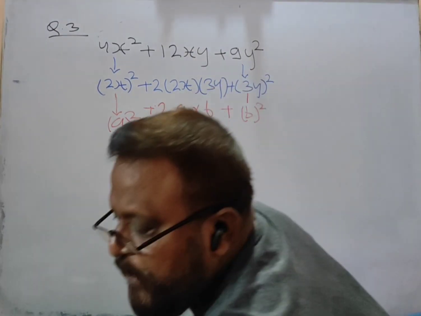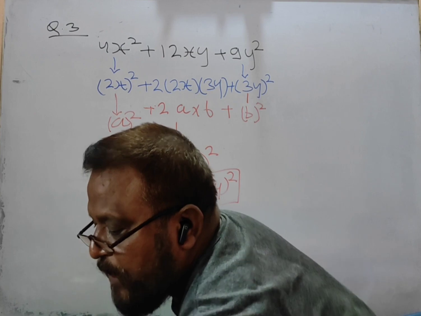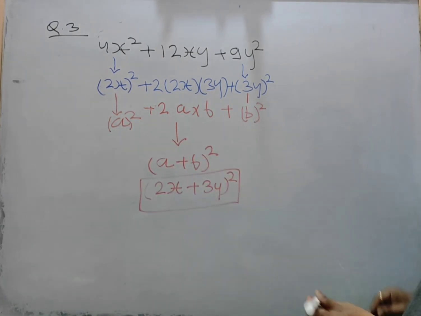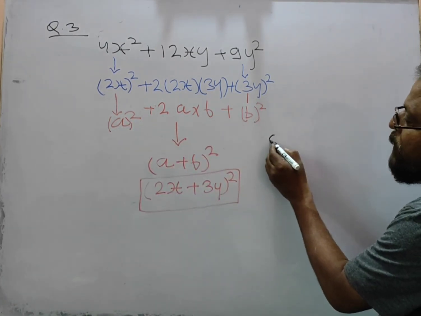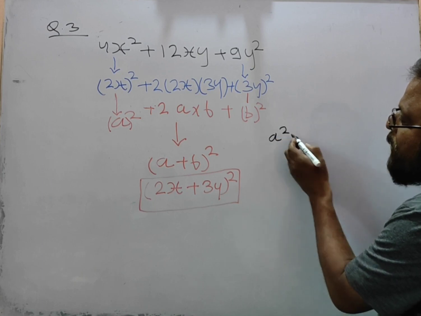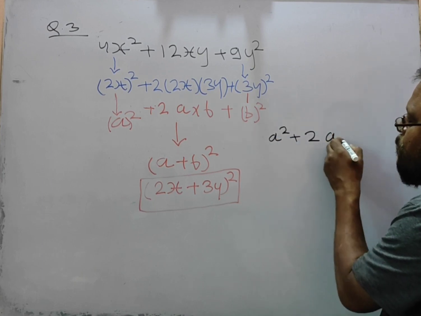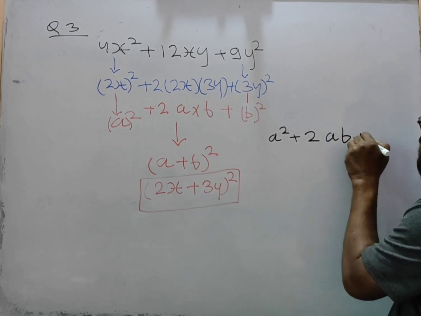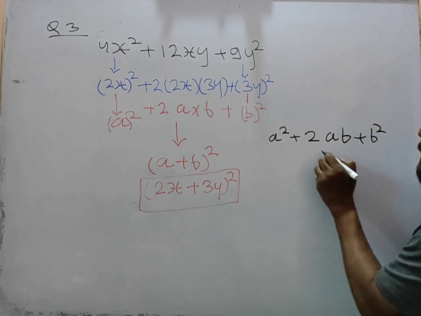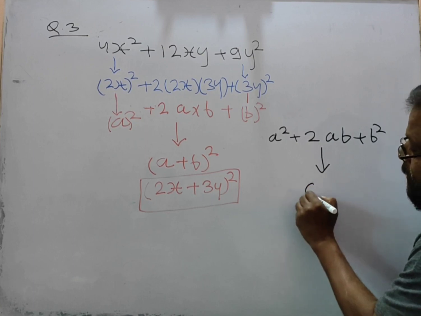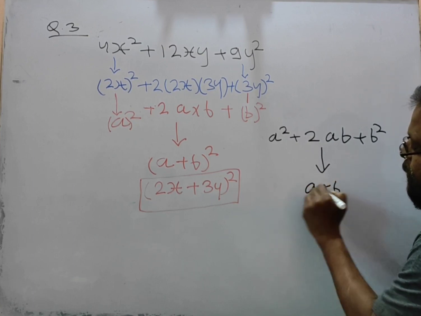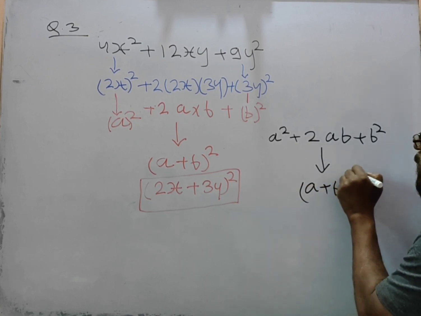And we have an identity that a square plus 2ab plus b square turns out to be a plus b whole square.